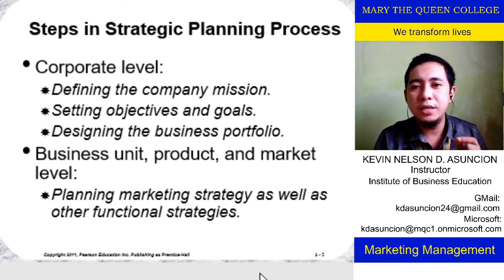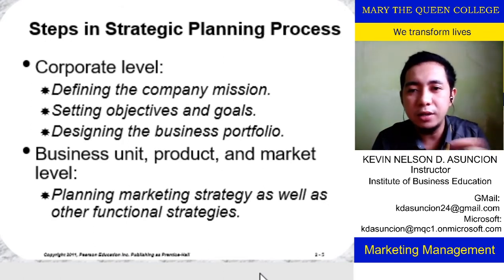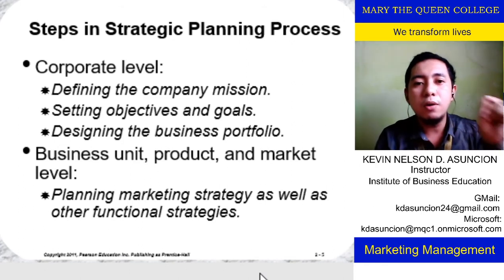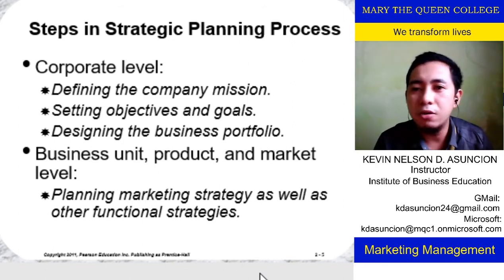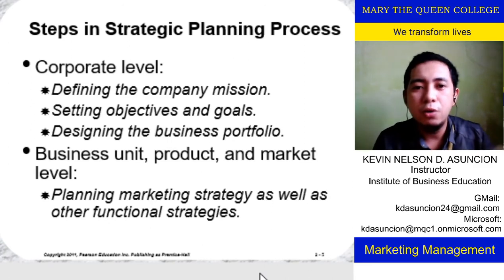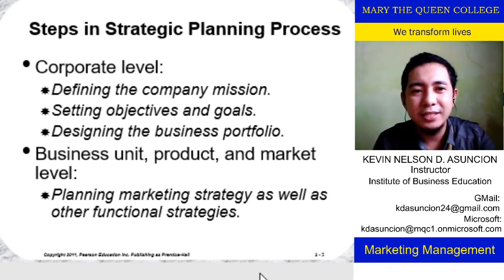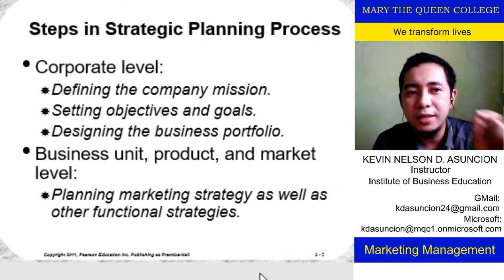So, what are the activities in the corporate level so that you know where you are going to and how to achieve those? That's the corporate level, no? So, where are you going and how can you get there?